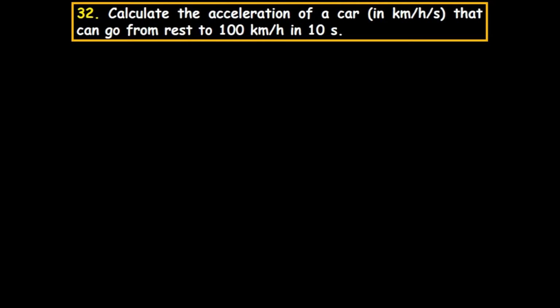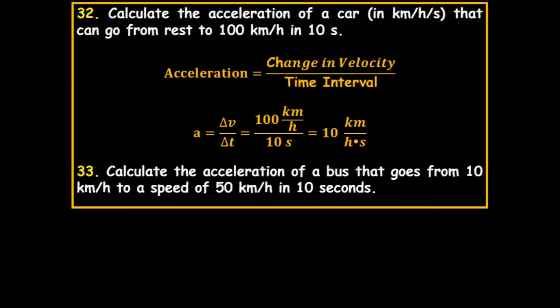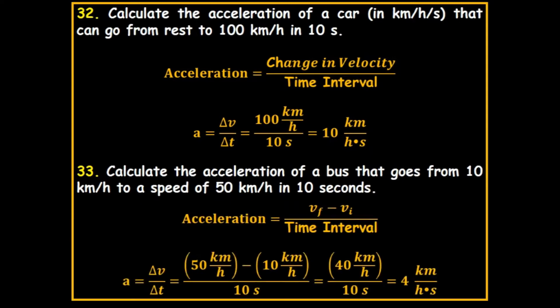Calculate the acceleration of a car in kilometers per hour per second that can go from rest to 100 kilometers per hour in 10 seconds. And that's going to be a change in velocity, 100 kilometers per hour divided by 10 seconds, which is 10 kilometers per hour per second. Calculate the acceleration of a bus that goes from 10 kilometers per hour to a speed of 50 in 10 seconds.